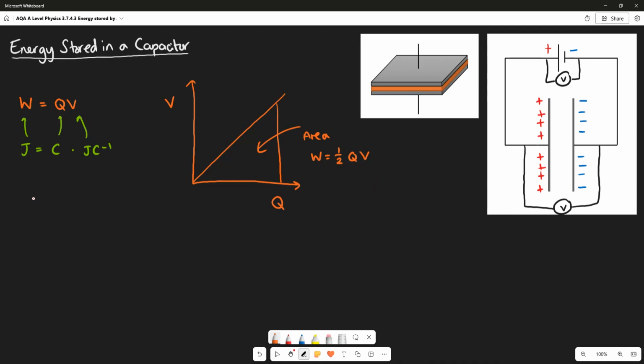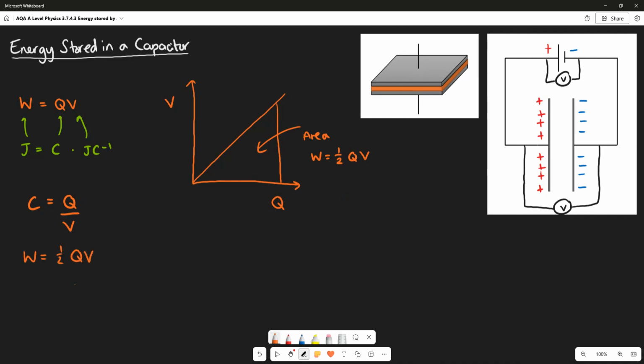We also know that capacitance is defined as Q over V, or charge divided by voltage, and we can substitute this into the energy equation. So here's the basic energy equation.